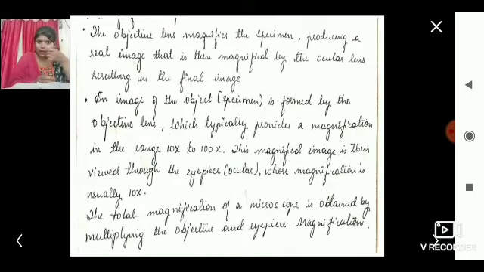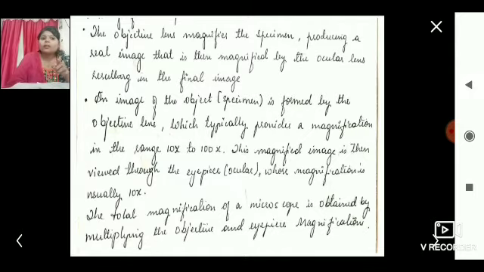At the top you have the eyepiece, through which you observe under the microscope. The eyepiece also has a lens, which we call the ocular lens, with a magnification of about 10x. This eyepiece multiplies the real image 10 times, so you see an image ten times bigger.